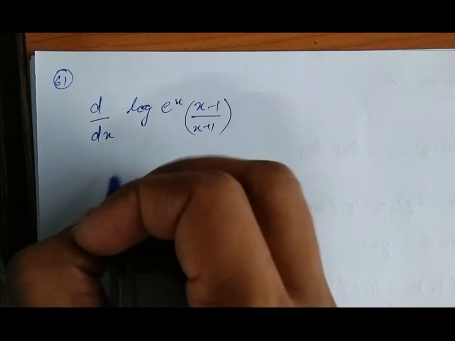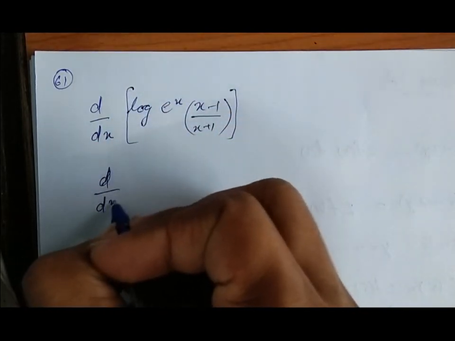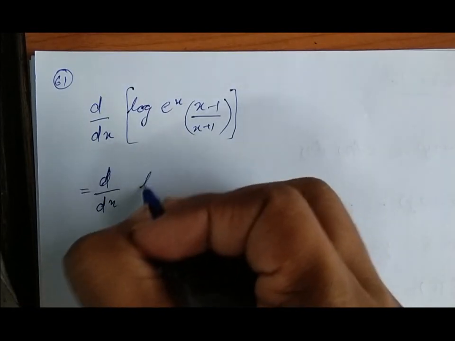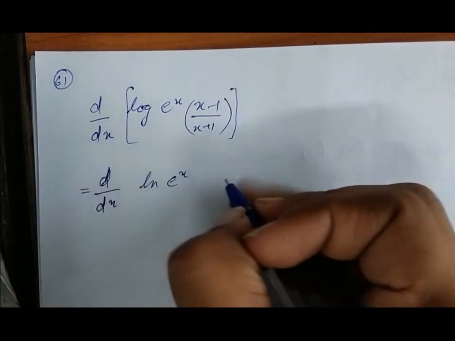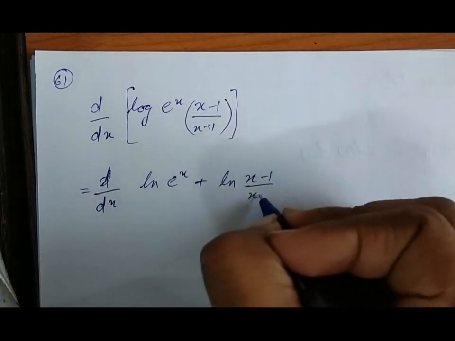So let's first simplify this. So d by dx of ln e power x plus ln x minus 1 upon x plus 1.